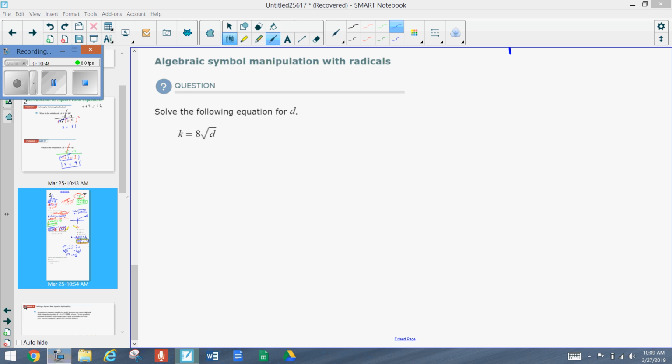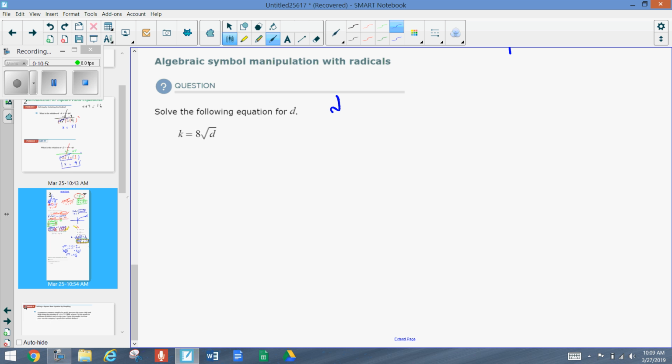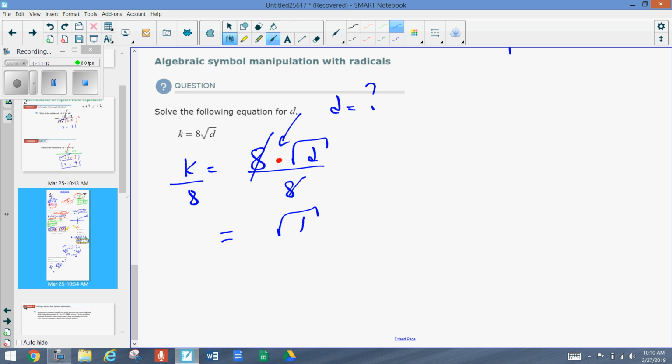In this question, we're going to solve for d. In other words, what is d? D equals question mark. So k is equal to 8. The sign is important here. Times root d. The inverse operation of multiplication is division, so divide by 8, cancels out. Square root of d is equal to k over 8.